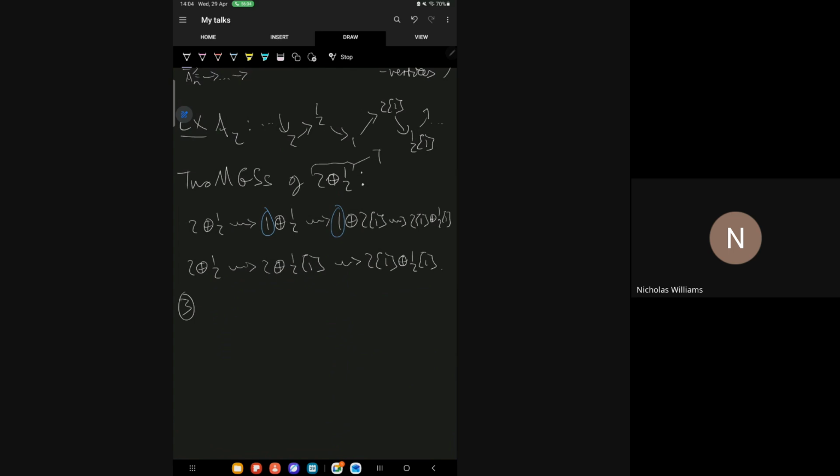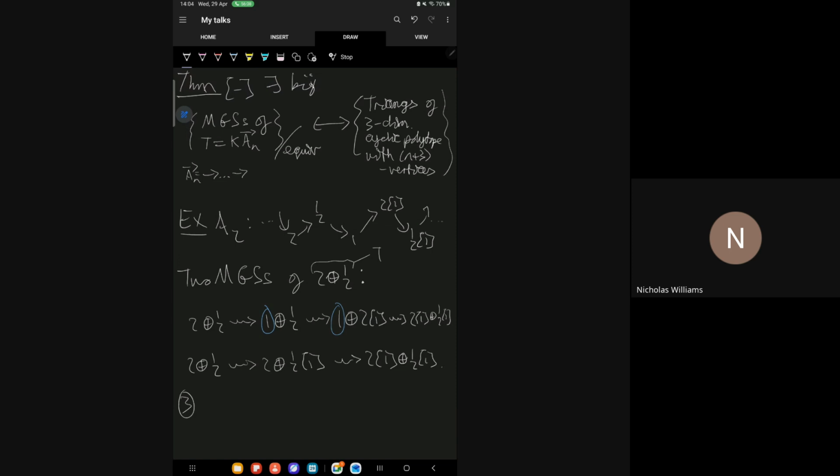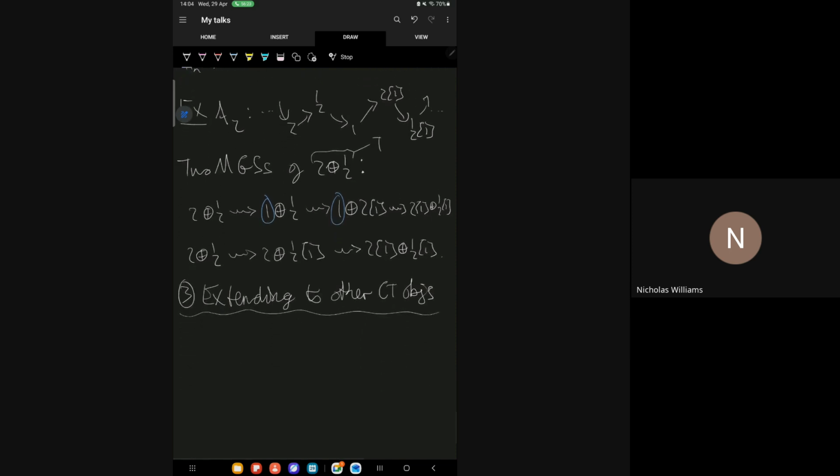Now let me talk about the main result, so how to extend this theorem to other cluster tilting objects. So here's the question again, maybe phrased slightly differently.